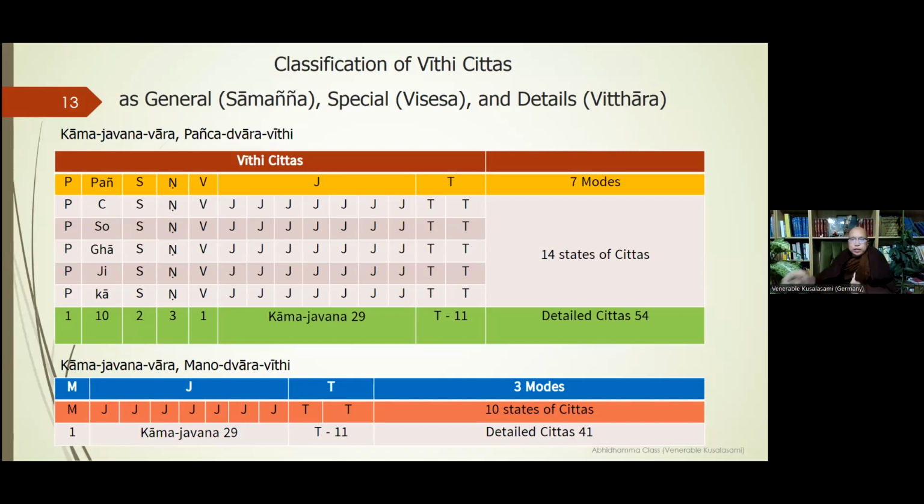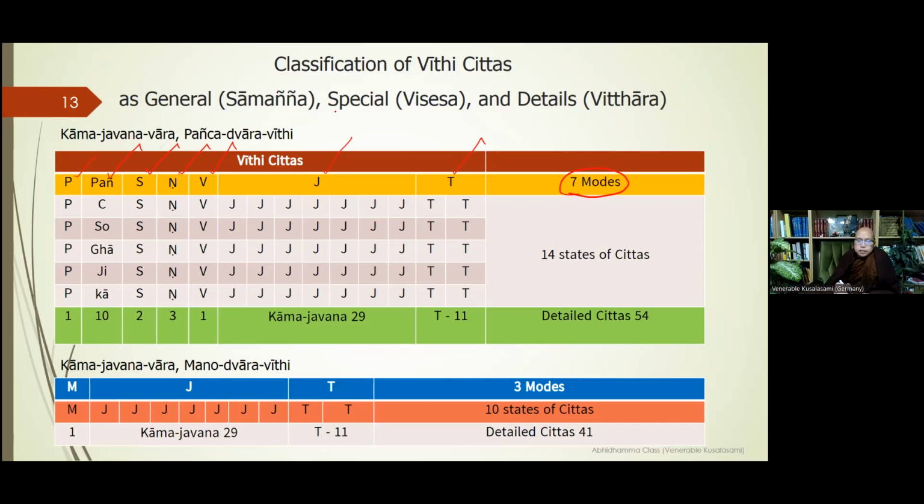When we look at the thought process, there are seven modes: Panchadwara Avajjana, the five sense door adverting consciousness; Pancha Vinnana, meaning Chakkhu Vinnana, Sota and so on; Sampaticchana, receiving; Santirana, investigating; Votthapana, determining; Javana; and Tadarammana, registration. So there are seven modes.